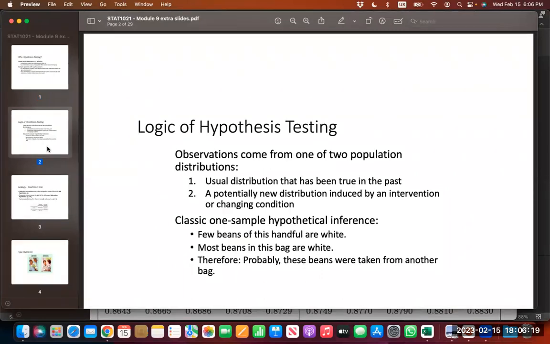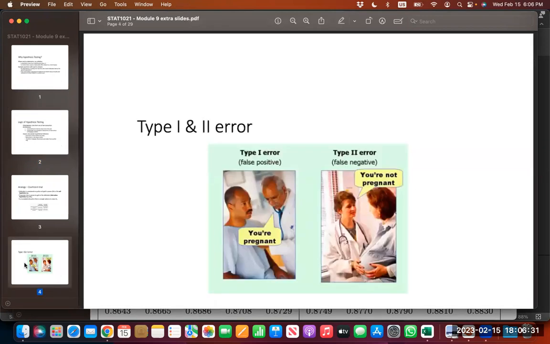So your null hypothesis is that your sample mean is not different from your population mean. Your research hypothesis is that the sample mean is different from your population mean. You have now the probability to be right or wrong. You can say, my sample mean is significantly different from my population mean.